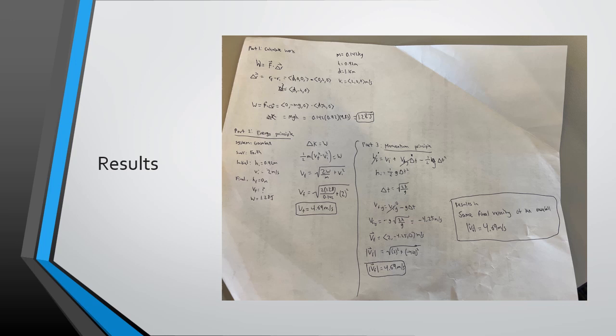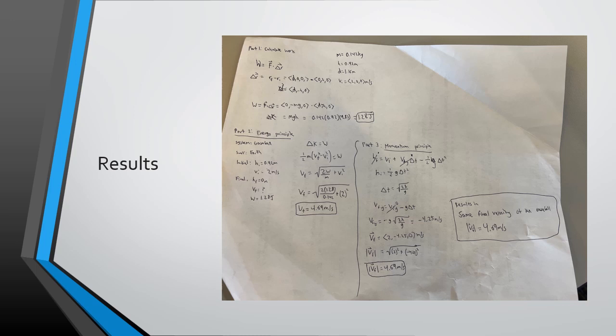And then for part three, I did the same thing using the momentum principle, which took a little bit more work and more steps. I used the kinematic equation found in the models, and I solved for delta t. Delta t equals the square root of, I believe, 2 times the height over gravity. And then taking that, I plugged that delta t into the momentum principle equation, which right here is the velocity update version of it.